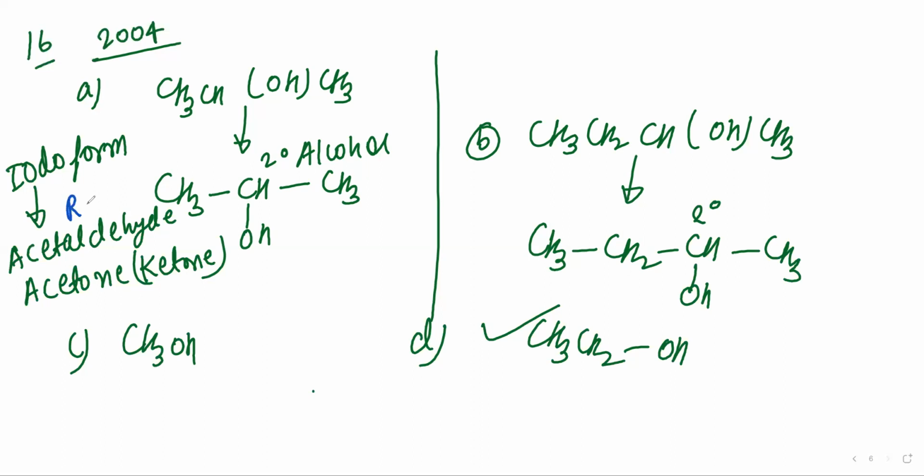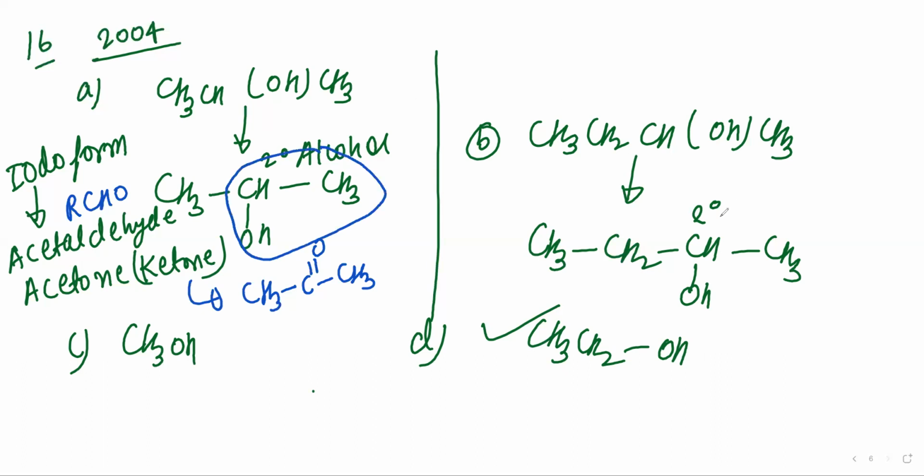Acetaldehyde means RCHO, the general formula. Next can be methyl ketone, like CH3, C double bond O, CH3. And those alcohols which possess this group, you can see clearly here, this is the iodoform group it can give.